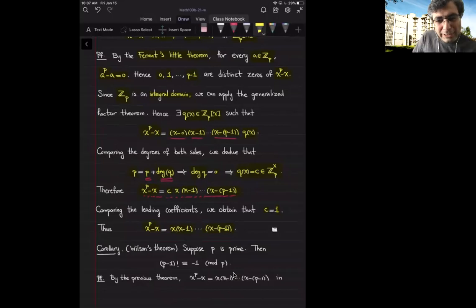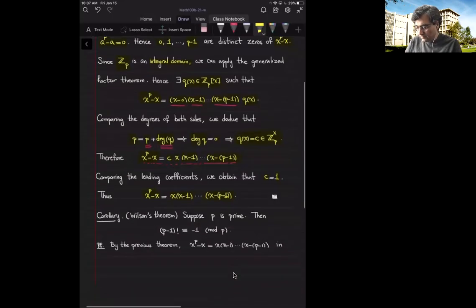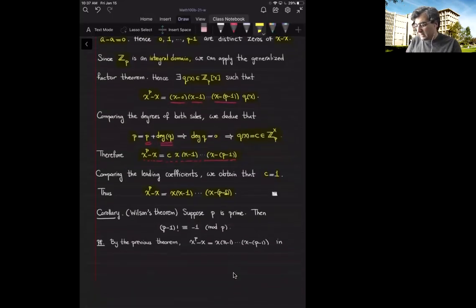In order to appreciate this equality a bit better, let's prove Wilson's theorem as an immediate application. What is Wilson's theorem in congruence arithmetic? It says that if p is a prime number, then (p minus 1) factorial is congruent to -1 mod p.